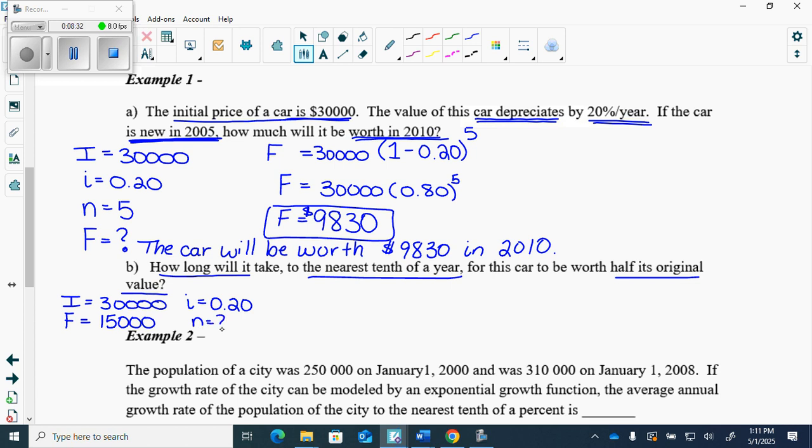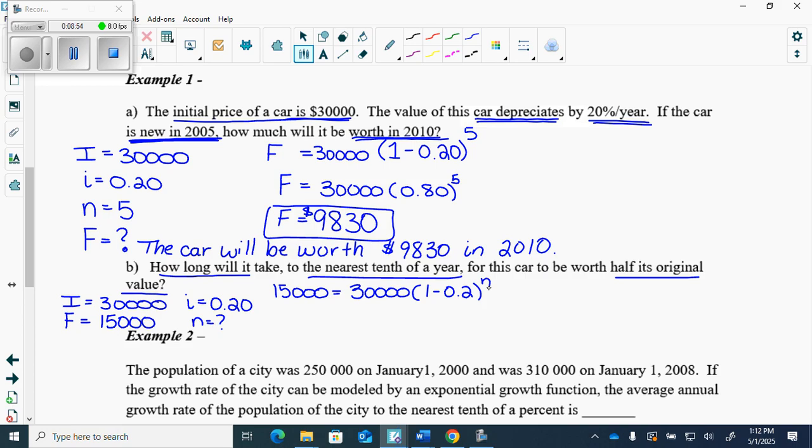So let's fill in what we know. So we get 15,000 equals 30,000 times 1 minus 0.2 to the N. Okay. One thing I want you to know, we're going to get into conversions Monday.